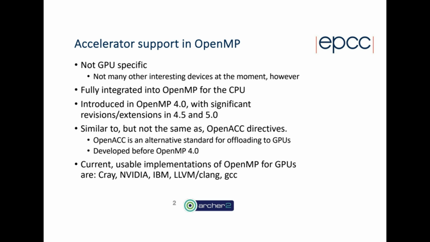So the design of OpenMP offloading was something of a negotiation between Intel folks and everybody else, to design something that would work sensibly not only for GPUs but for other accelerator devices.